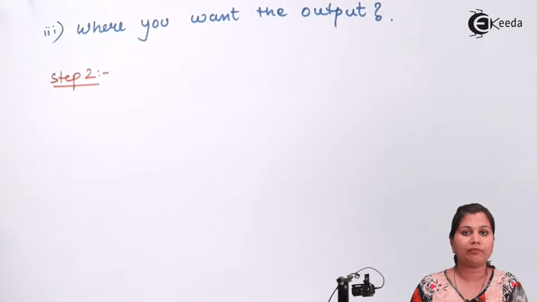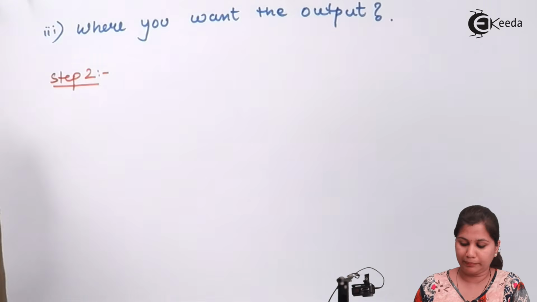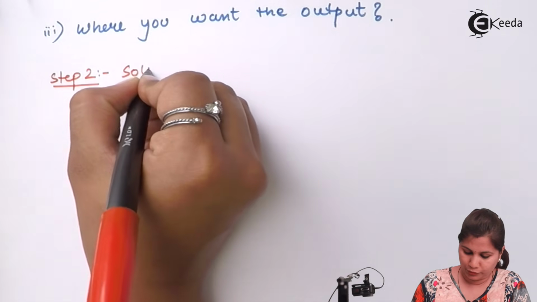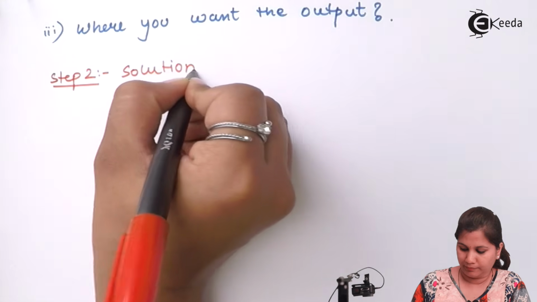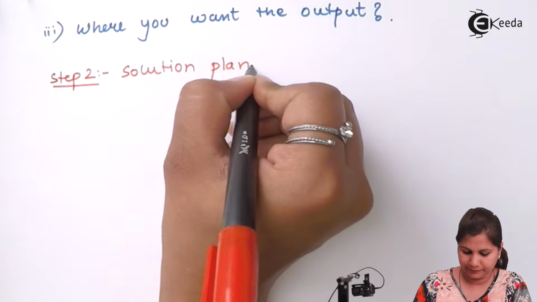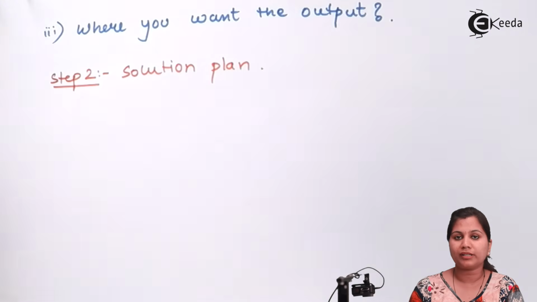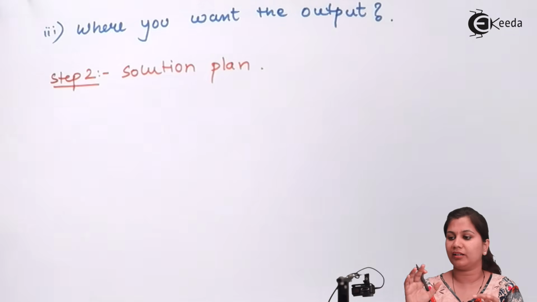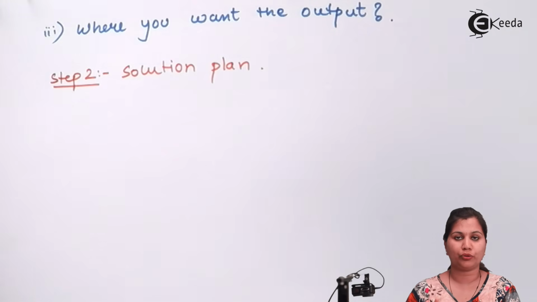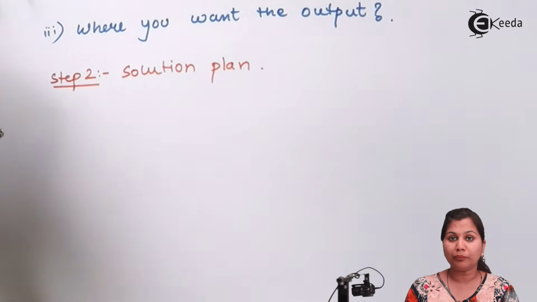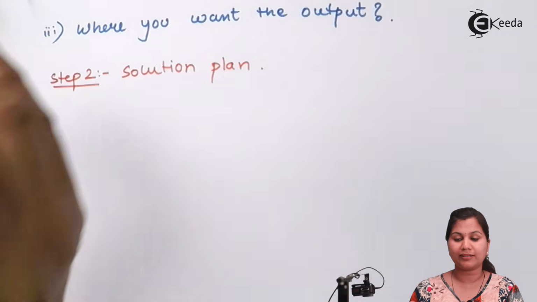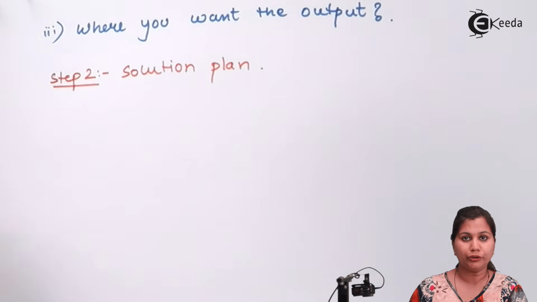In second step, we find the solution to the plan. Solution plan is decided. Now, first step, we have known that inputs are here, output is to be stored here, and this is we have to perform. Now, how we are going to perform that operation, that is to be decided in step number 2.